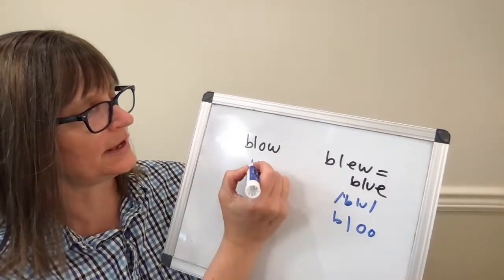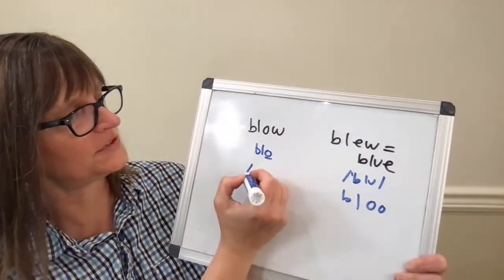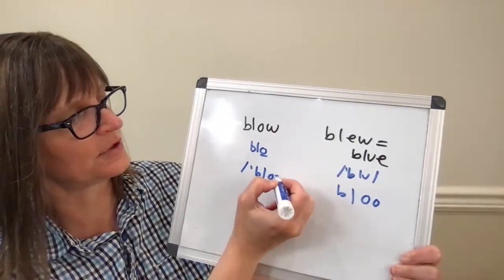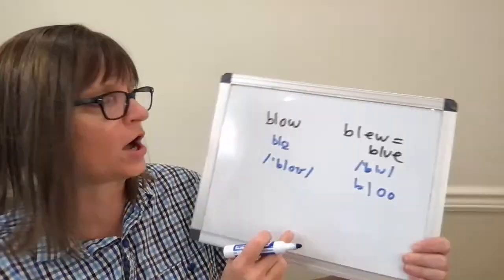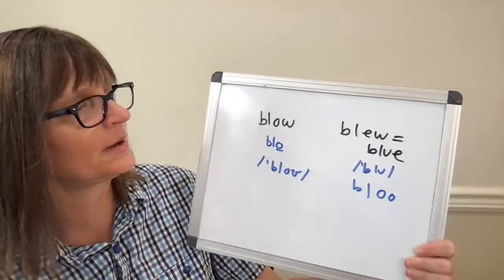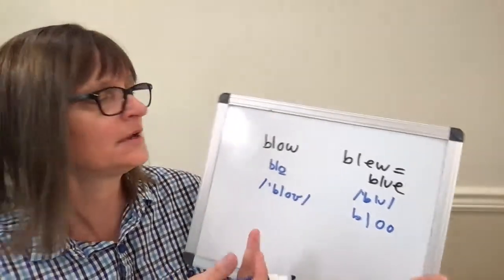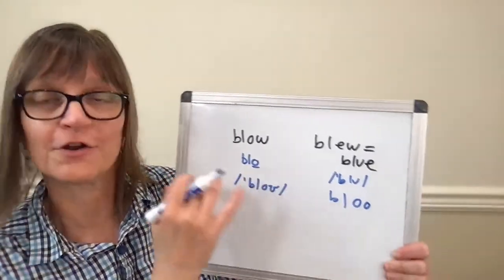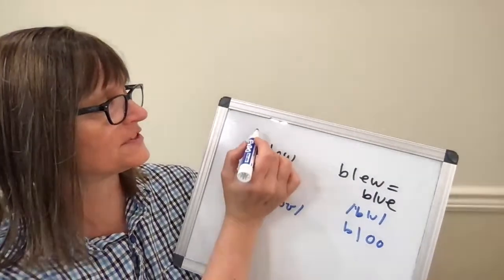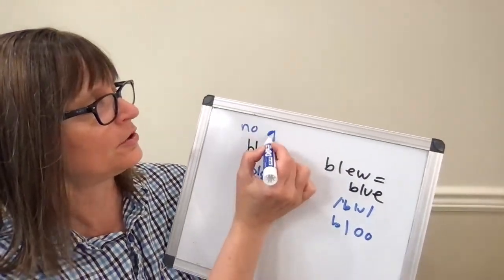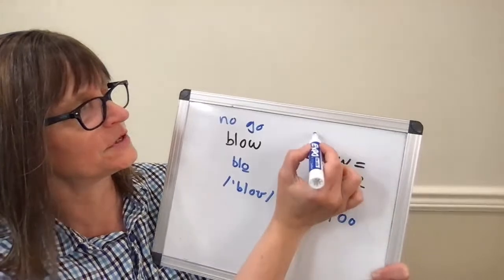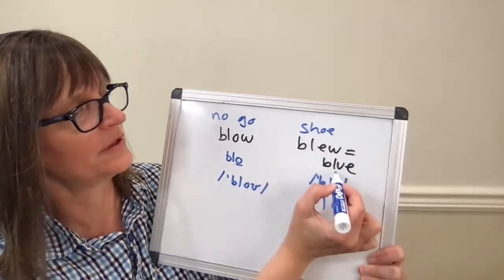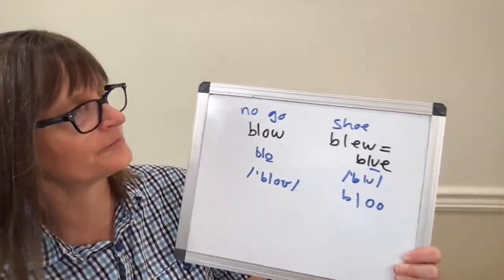You'll see that in the dictionary, it has the diphthong O. Just make sure you hold your O long enough, blow. If you have trouble between those two, you might want to pair another word that rhymes. So for example, no or go versus shoe or the other blue. Yeah, thank you for that request.